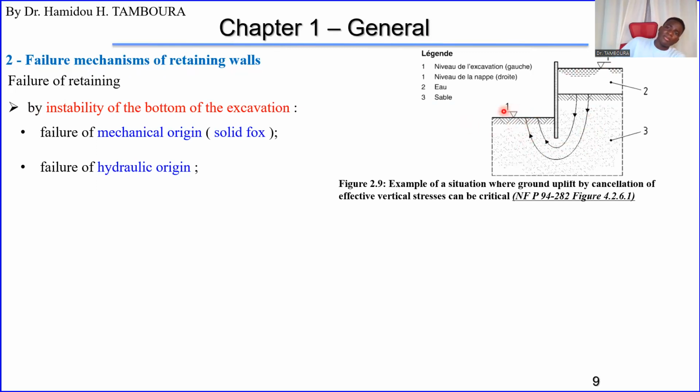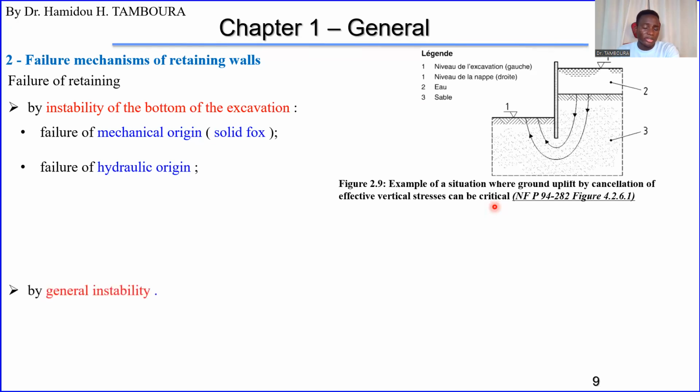So if the height in the excavation is not high enough, the water may push, lift actually the soil, because water is pushing upward. If you're not careful, this water may lift this part in the excavation, and it will result in instability of the retaining wall, something like that.